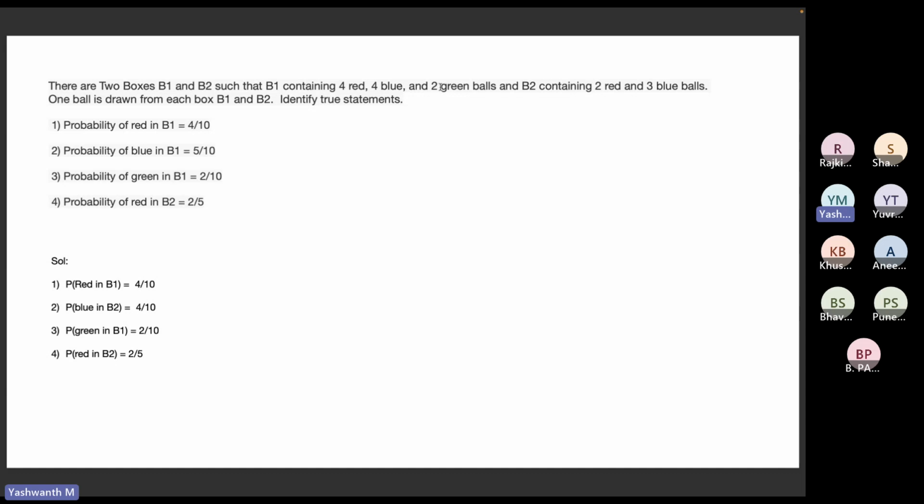You can pick any one of them in two ways, but in total 10. That's why the denominator is 10. And the probability of red in B2 is 2 by 5. Any questions on this? This is a relatively easy question. Any questions we can discuss, or we will move to the next question.